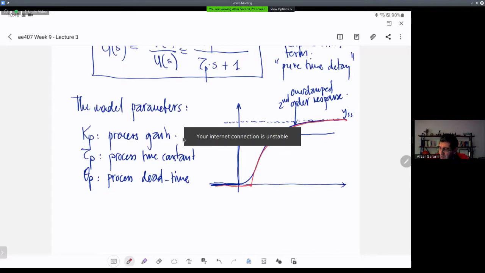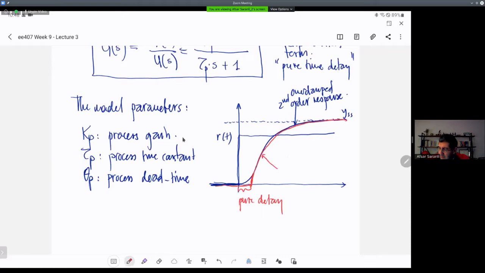So you see there is here a pure delay, and then a first order response. So the overall thing is first order plus dead time response. Okay, so the idea is to represent a higher order, overdamped response by a combination of a pure time delay and a first order response.